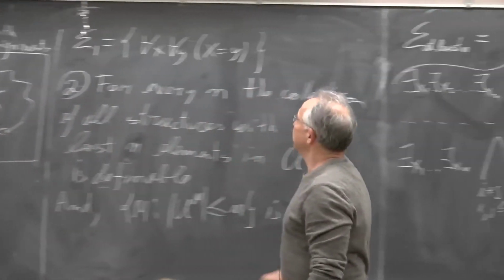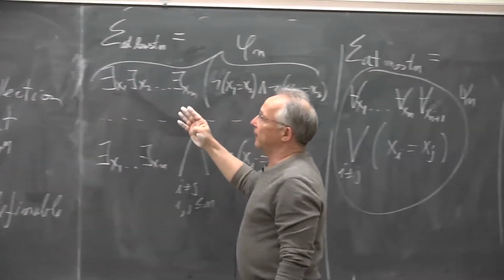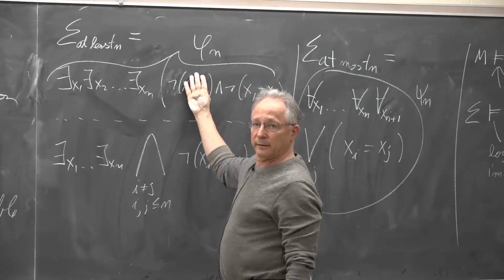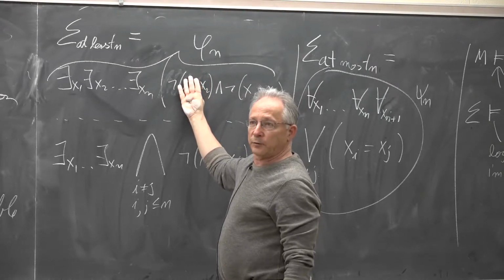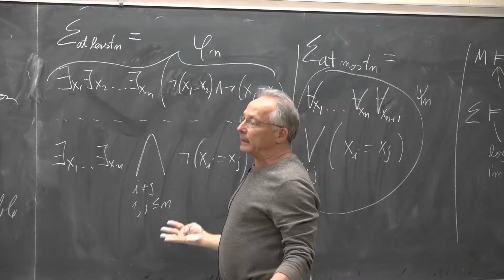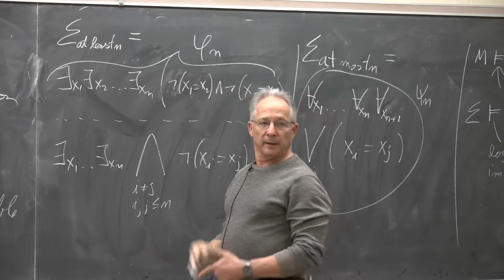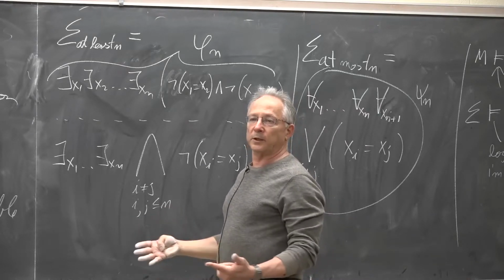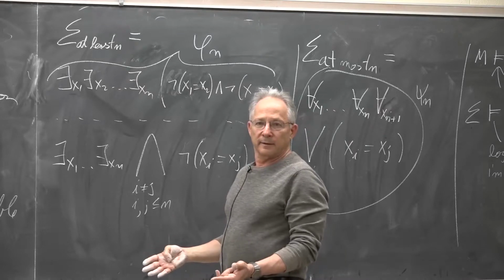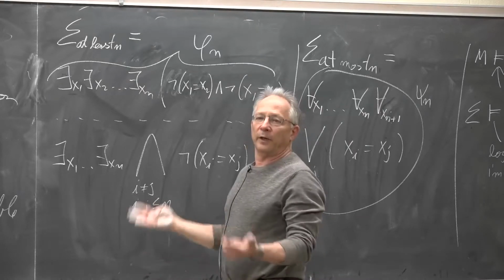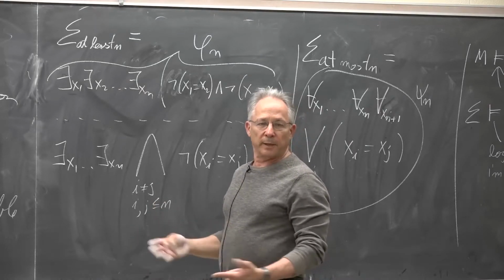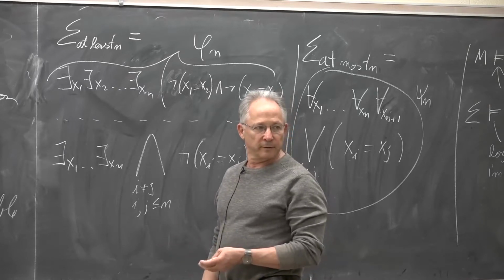Each phi i is this formula that I have here, phi n. Each of them is finite, but I have an infinite collection of requirements. Each of them requires that my structure will have at least n elements. And I have this phi n for all n. So I have the requirement that my structure will be infinite.